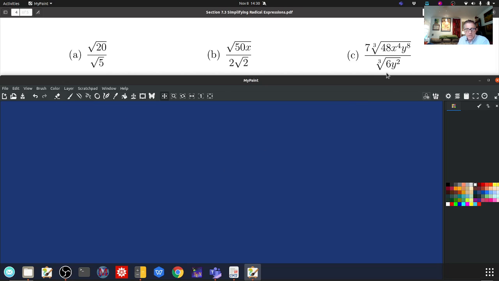So here's a doozy, or so it seems at first. I'm going to suggest it's not going to be near as bad as it looks. So this is example 5C. I'm going to challenge you right now to see what you can do with number 7. Just kind of look at it.